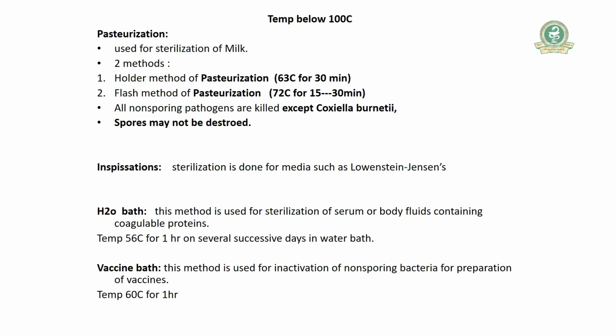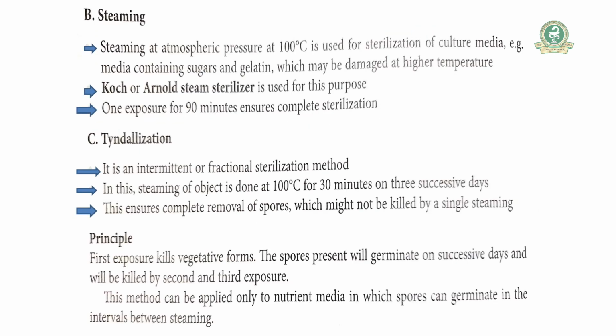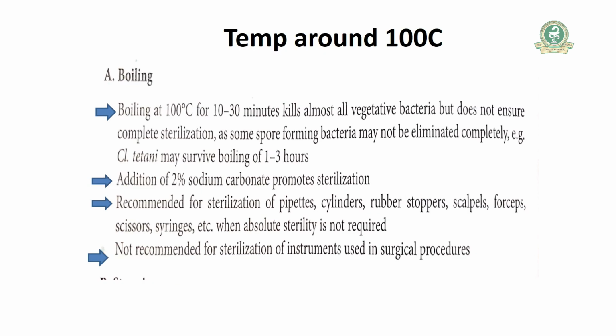Vaccine bath. This method is used for the inactivation of non-sporing bacteria for the preparation of vaccine, and the temperature given here is 60 degrees centigrade for 1 hour. Temperature around 100 degrees centigrade.